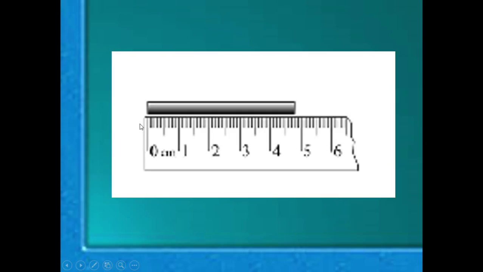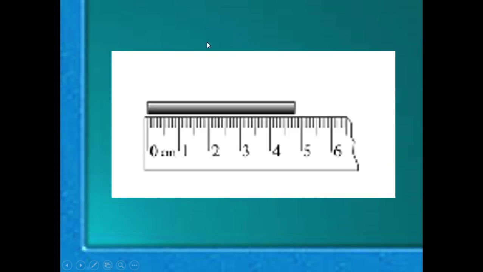Let's take a look at how we did that. This is 1 centimeter, 2 centimeters, 3 centimeters, 4 centimeters. This is between the 4 and the 5. We have 10 lines. If we count, we go 1, 2, 3, 4, 5, 6, 7, 8. So this measurement would be 4.8 centimeters.